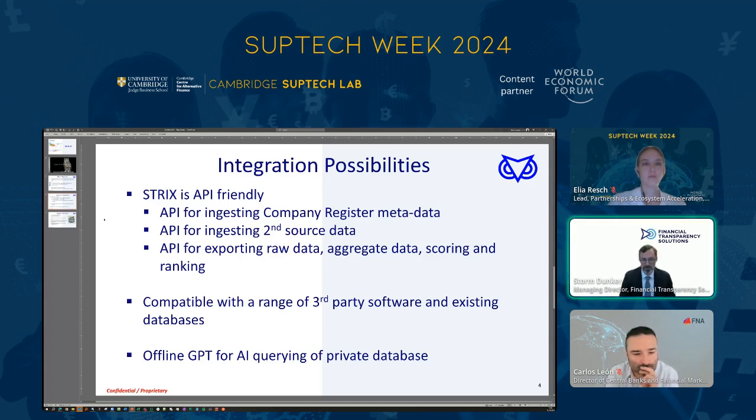We have an API for exporting everything that's been collected, whether it was through surveys or a compilation of second source data, that can be aggregated and exported into one database, and it also includes the scoring and the ranking and some aggregated statistics on that data.